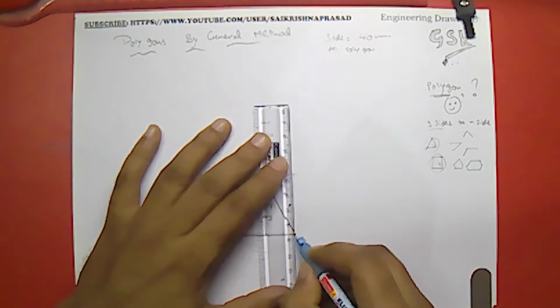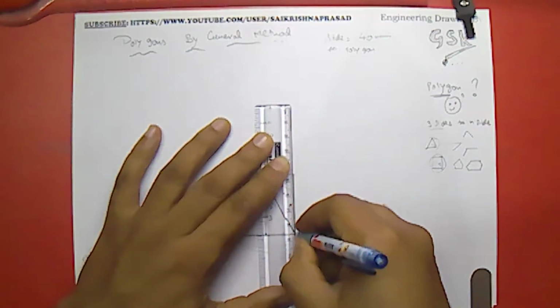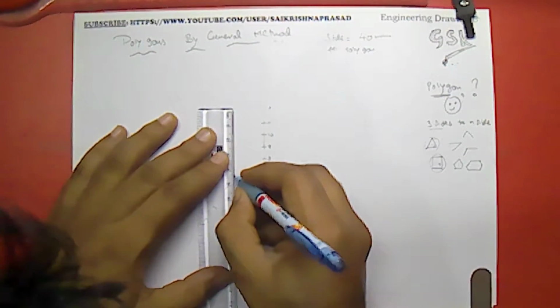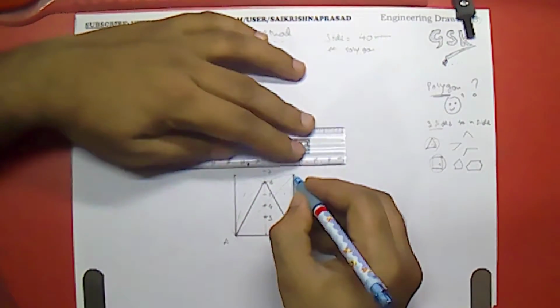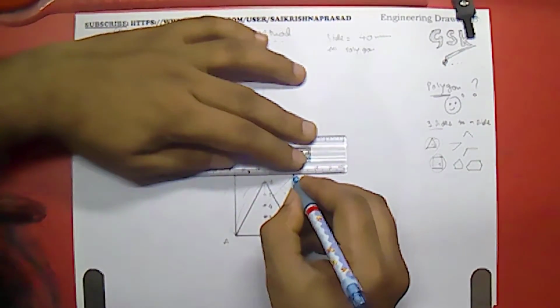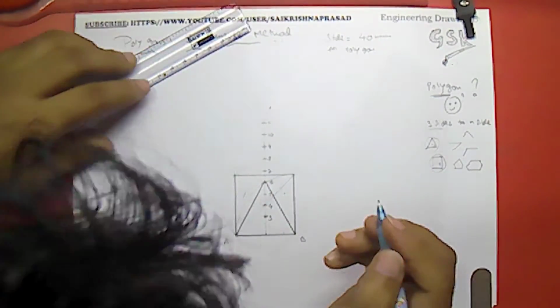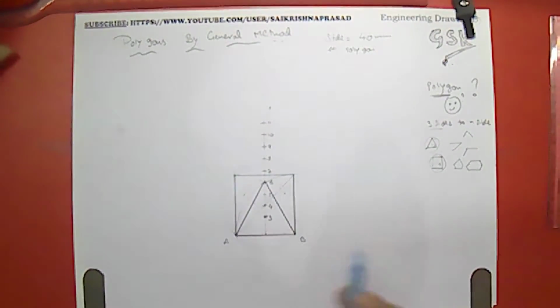So this is one line, this is another line, another side, and this is another side. So what is this? This is a square, right, with the same side AB.